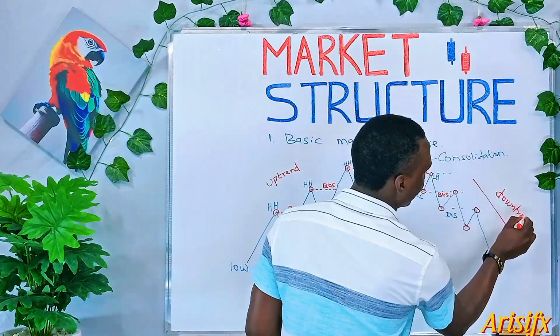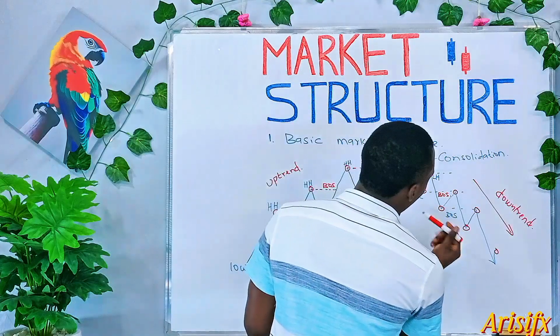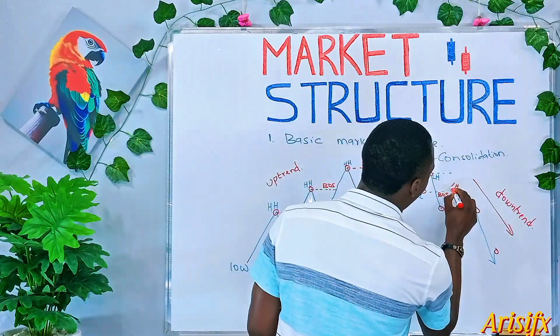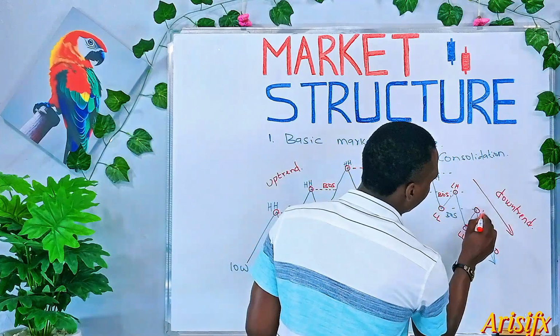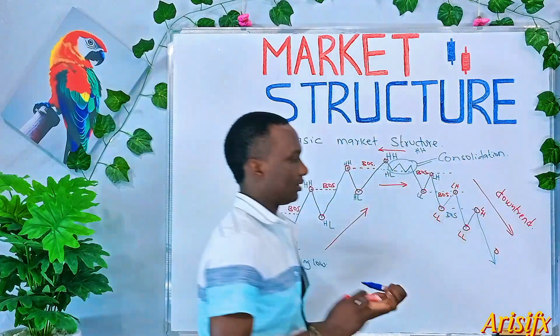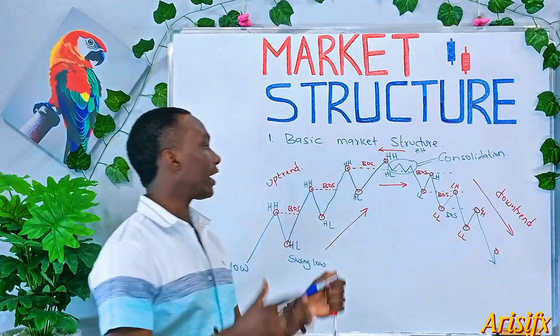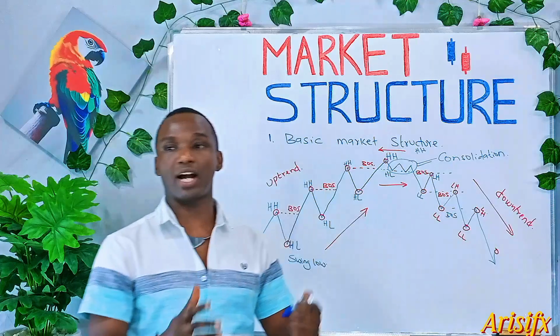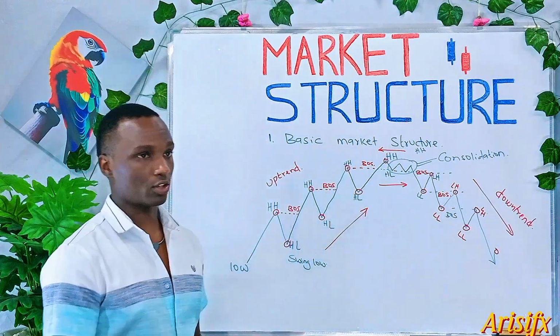We are experiencing a downtrend because we are having some lower highs and lower lows. Okay, so based on these external swing points, you are able to see the direction that the market is coming from or where the market is going.